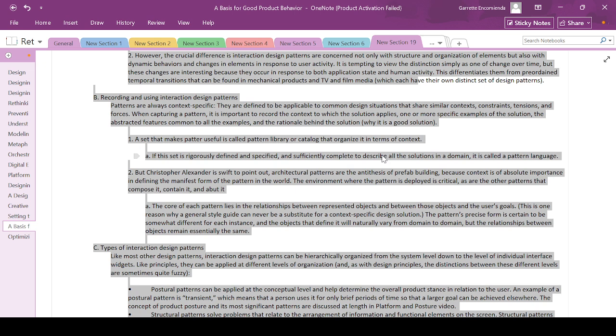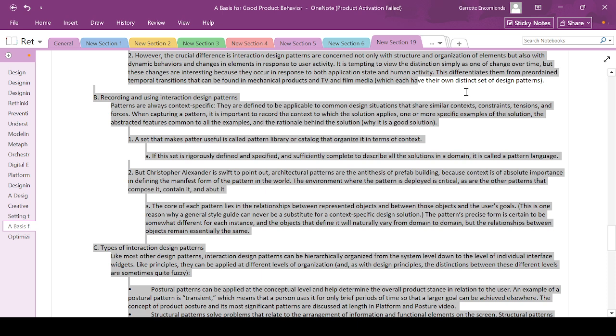It is tempting to view the distinction simply as one of change over time, but these changes are interesting because they occur in response to both application state and human activity. So it's not just about the human change that we need to consider, but also the business goals and the technical landscape that change.